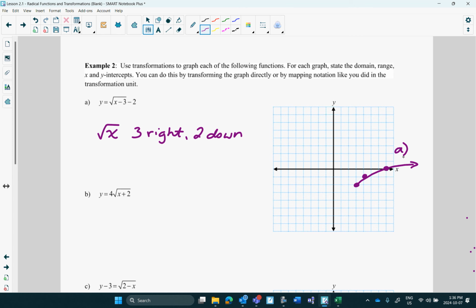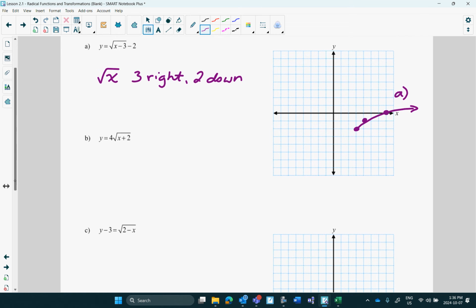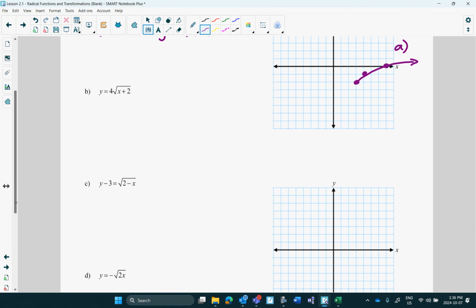Okay. This next one. Sometimes when the stretches and flips are involved, maybe mapping notation. So what are the reference points in the original again? 0, 0, 1, 1, 4, 2, good.